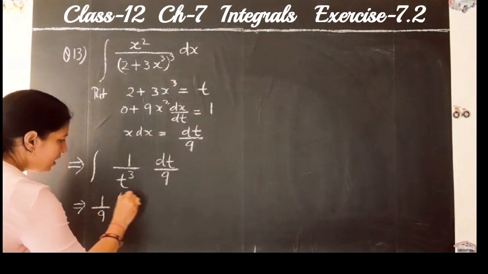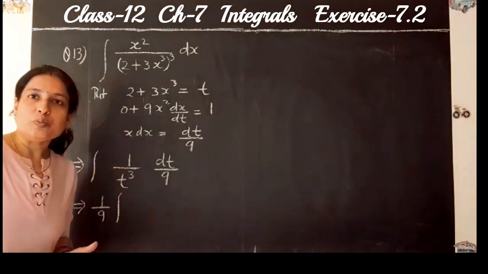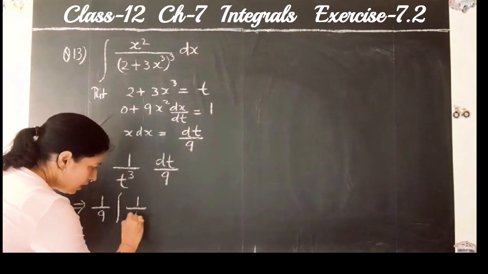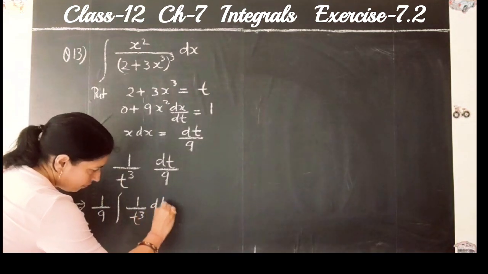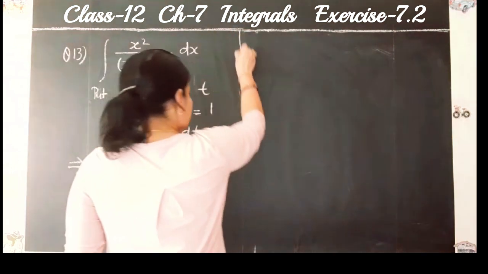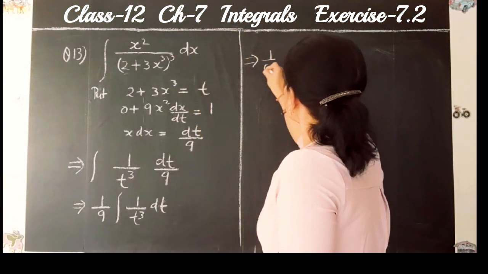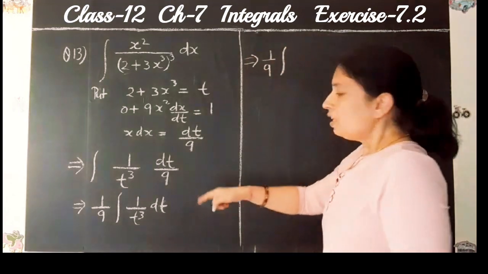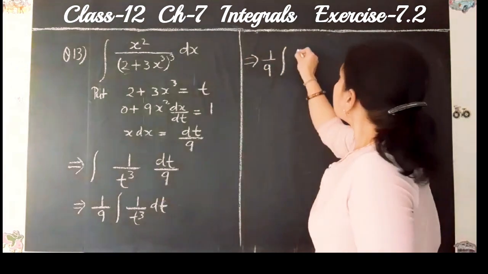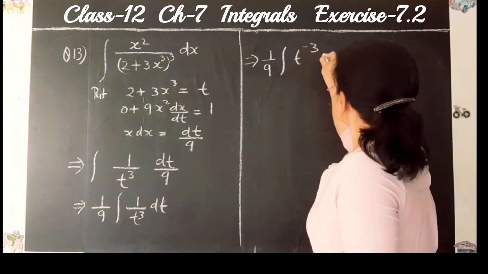So it will be integral of 1 by t cube dt. So we can write 1 by 9 integral 1 by t cube means t to the power minus 3 dt.